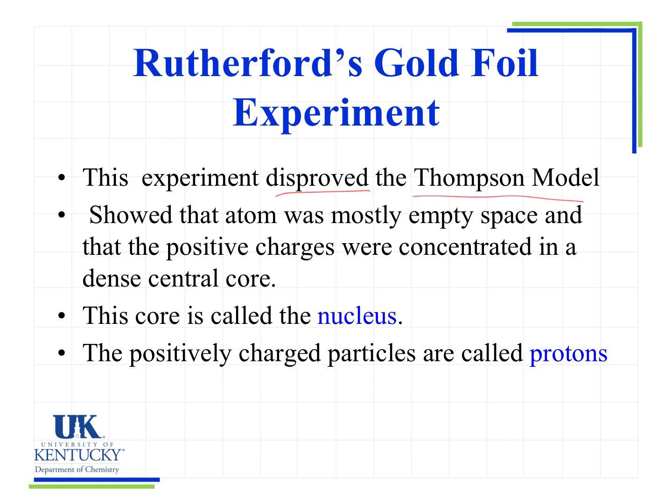With this experiment, Rutherford showed that atoms must be mostly empty space, and the positive charge is concentrated in a dense central core called the nucleus, and the positively charged particles are called protons.